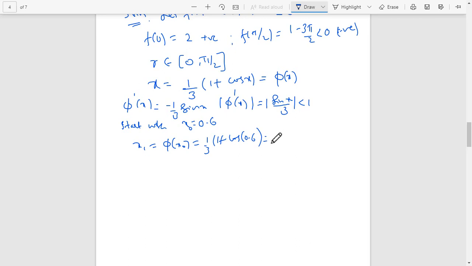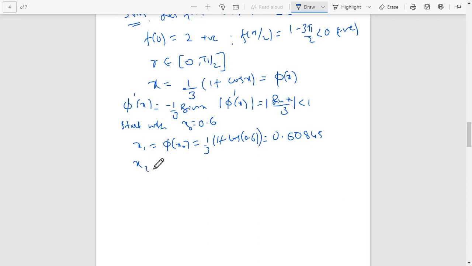Keeping a scientific calculator in radian mode gives you 0.60845. Please check in your calculator.